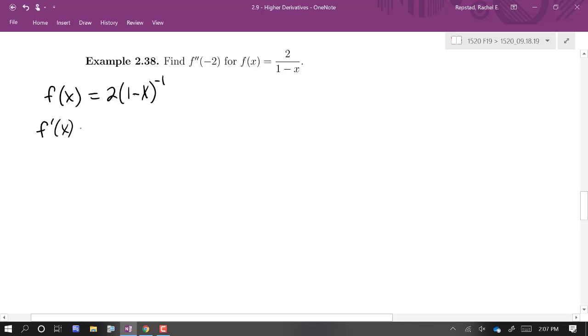All right, who wants to have a go at finding f prime? -2 times 1 minus x, to the -2nd power.